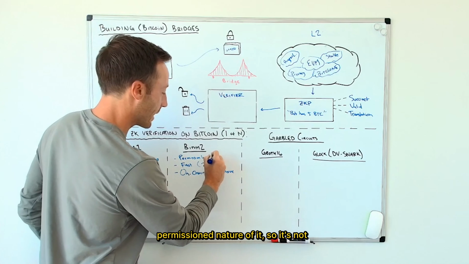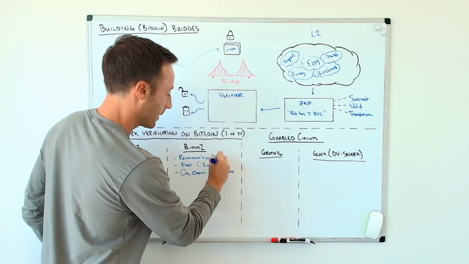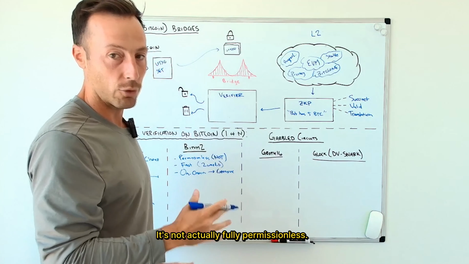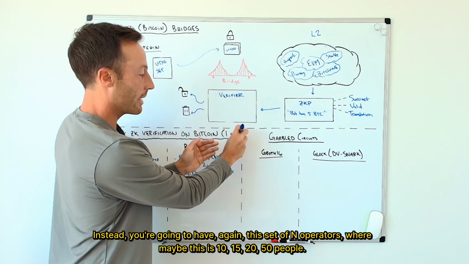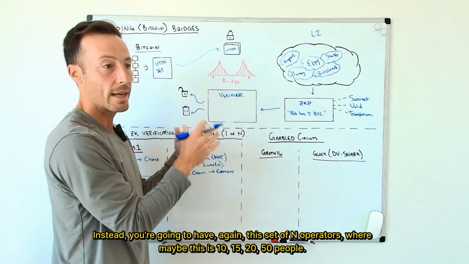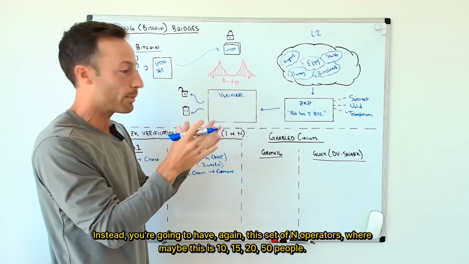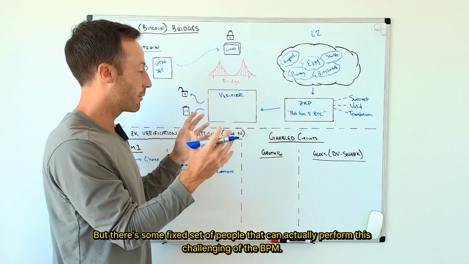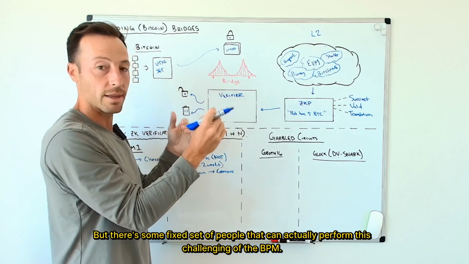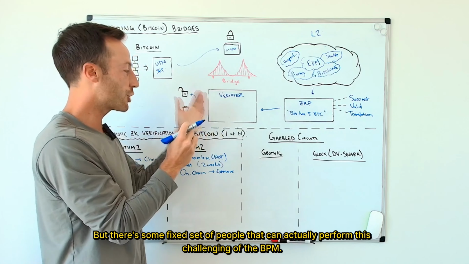So it's not actually fully permissionless. Instead, you're going to have this set of n operators, where maybe this is 10, 15, 20, 50 people. It doesn't matter. But there's some fixed set of people that can actually perform this challenging of the BitVM.